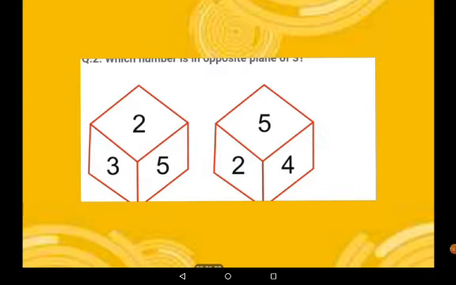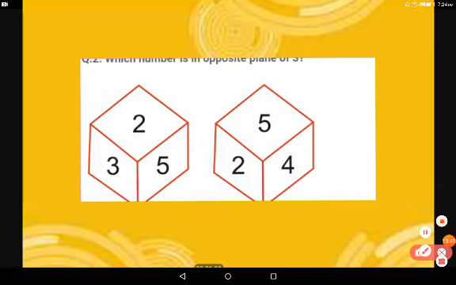Moving further. Now in this they are asking which number is opposite to the face of 3. So it is the same pattern we have to follow in this question also, a typical question. So we can have 2 or 5 as common, as you wish. I am taking 2.